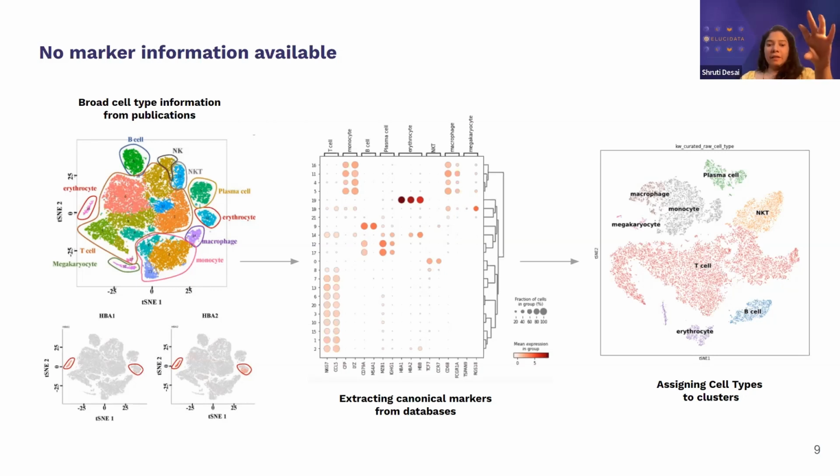But when we have this marker cluster information given, we acquire the canonical markers for these cell types from the publicly available databases to annotate the clusters. Now, this is again not straightforward, as we don't just hand in some markers.